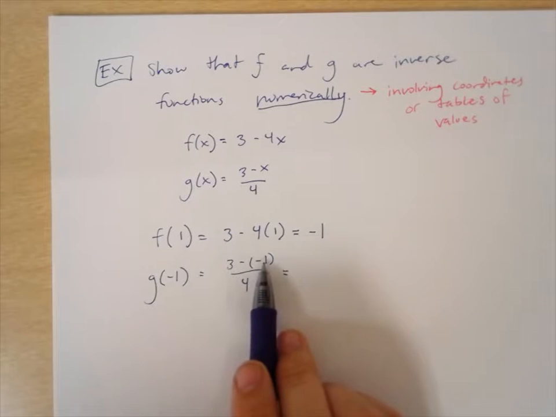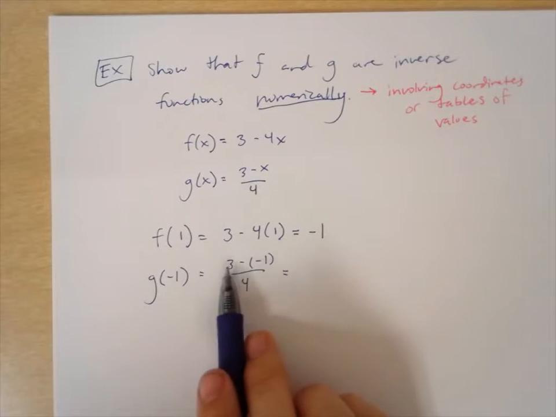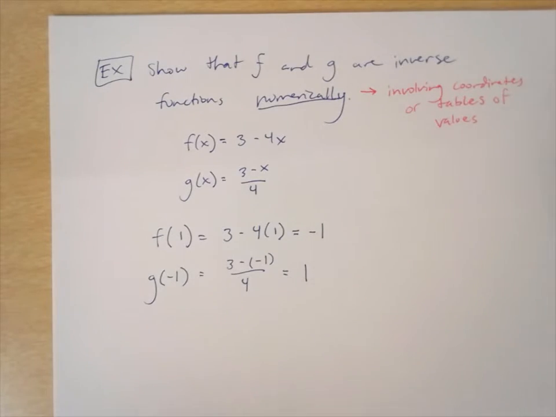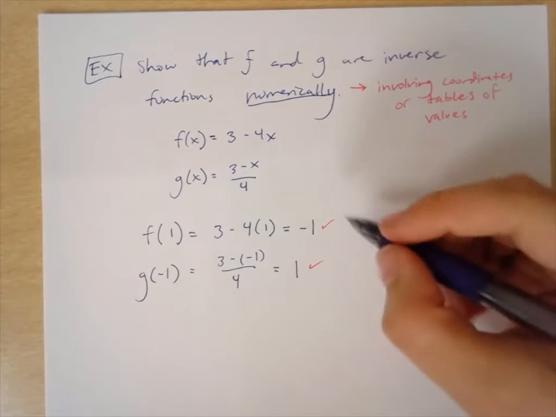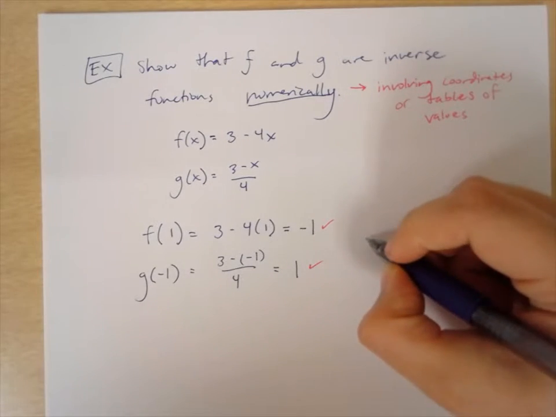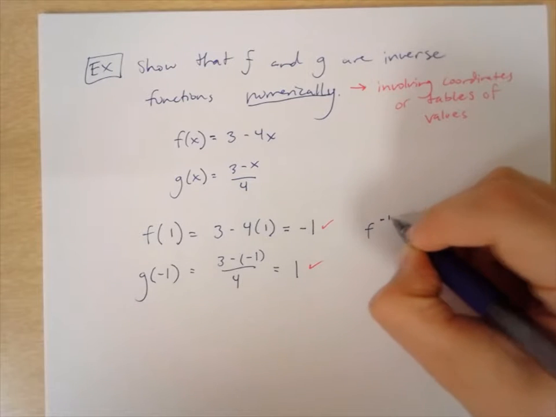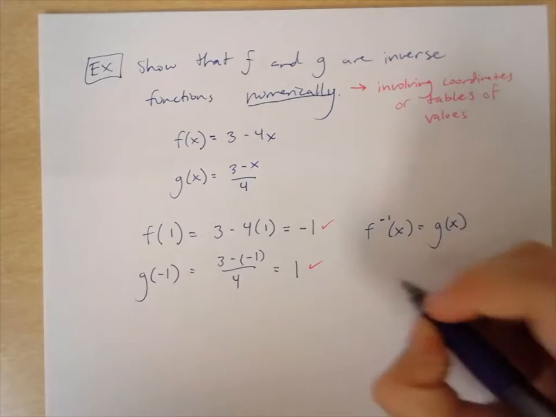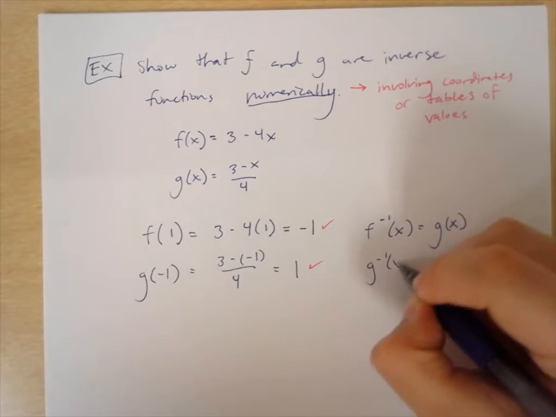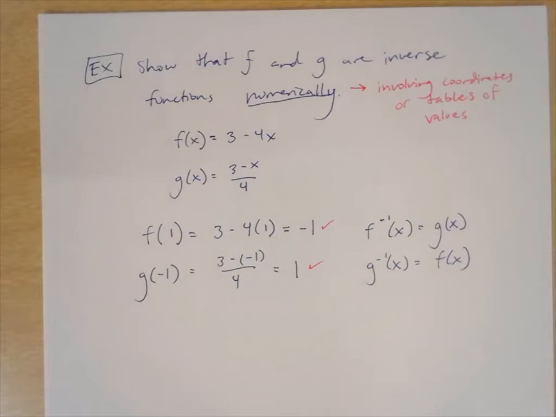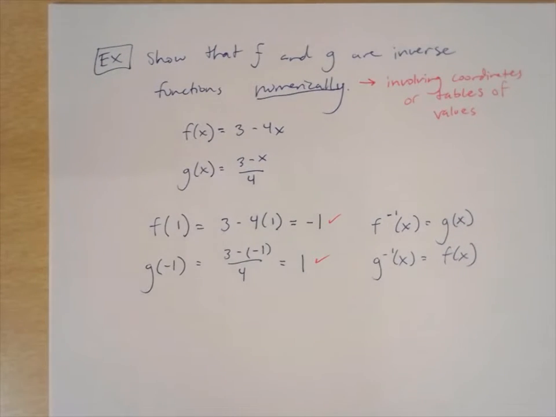Well, 3 minus a negative 1, that's really 3 plus 1, which would be 4 over 4, which would be positive 1. So this checks out, and what we can conclude here is that f to the negative 1 of x equals g of x. g to the negative 1 of x equals f of x. Okay. Those two are inverses of each other.